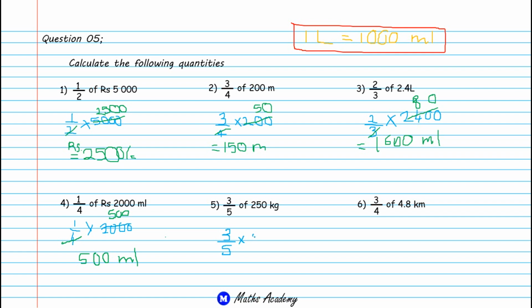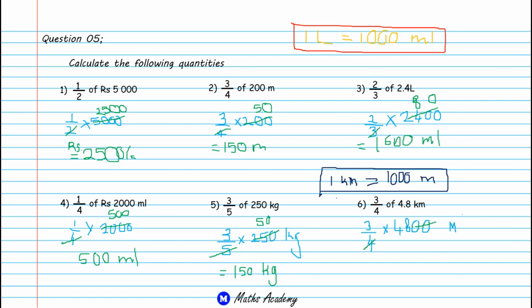3/5 into 250 kilograms. So 3/5 of 250 kilograms equals 150 kilograms. Next question, 3/4 of 4.8 kilometers. Since this numeric value is a decimal value, you can convert the kilometers to meters by multiplying by 1000, so you get 4800.